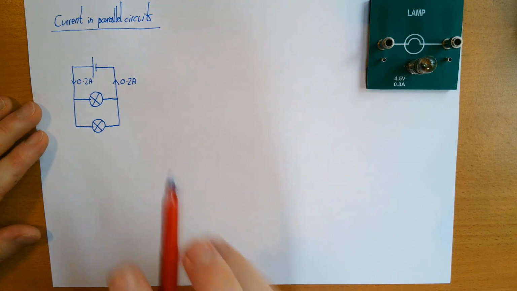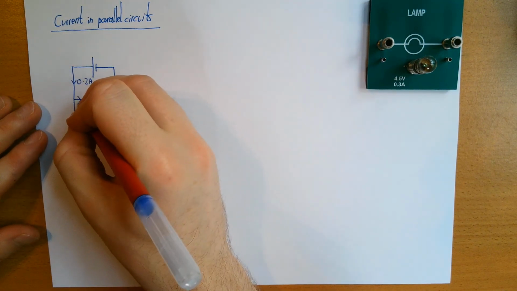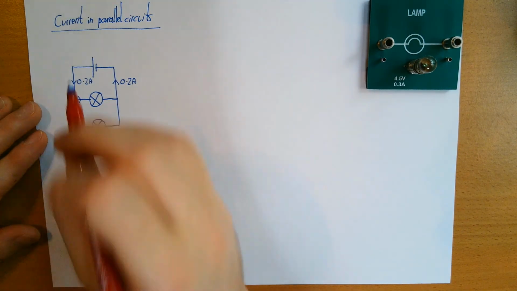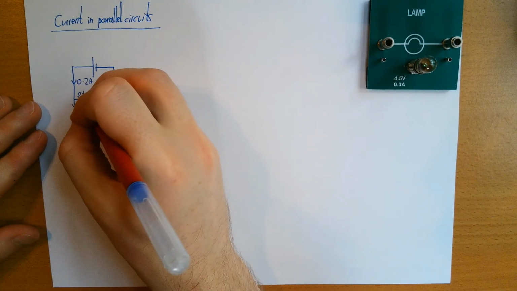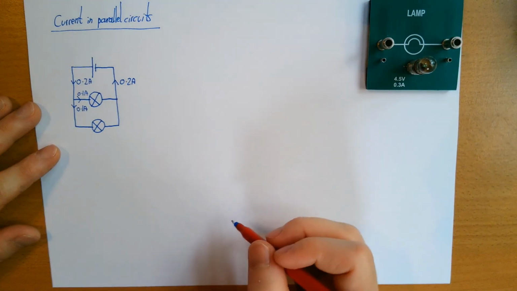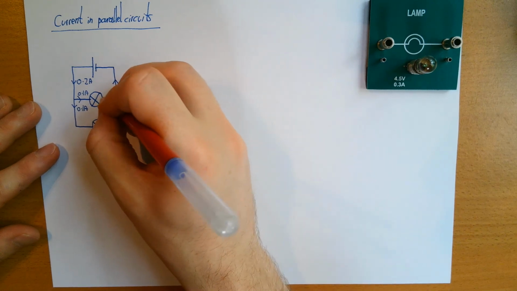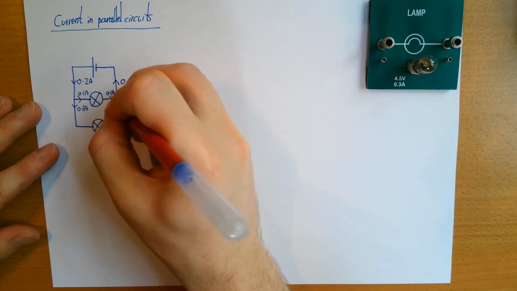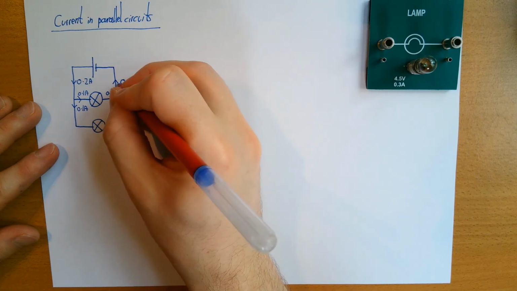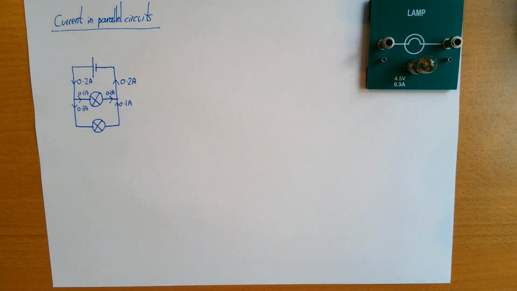But what does happen is it splits down these branches. These two bulbs are equal, and what that means is 0.1 amps goes down there, and 0.1 amps goes down there. That means 0.1 amps comes out of that side, and 0.1 amps comes back at this side, and joins back up to make 0.2 again.